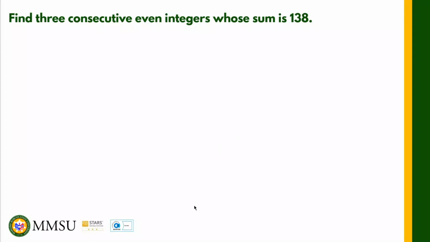And for our last example, under the number problems, find 3 consecutive even integers whose sum is 138. Okay, so we have a word here, consecutive. That means one after the other, right?